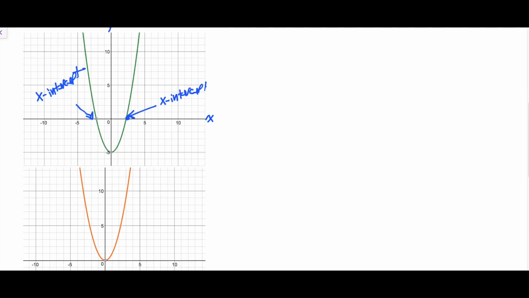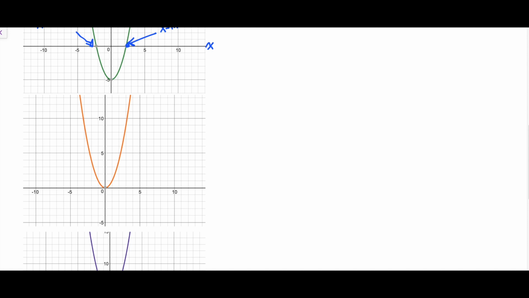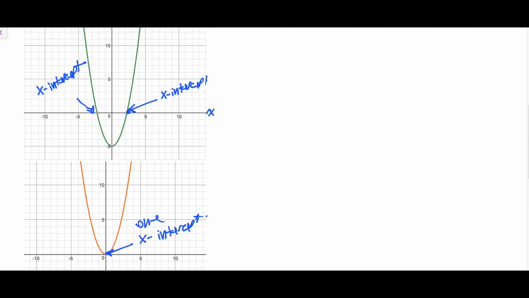And what's this guy called right there? X-intercept. So how many x-intercepts are here? 1. So you have 1 x-intercept. How many are over here? 2. So you have 2 x-intercepts. Right over here, 1 x-intercept.